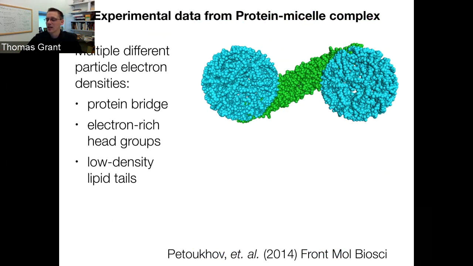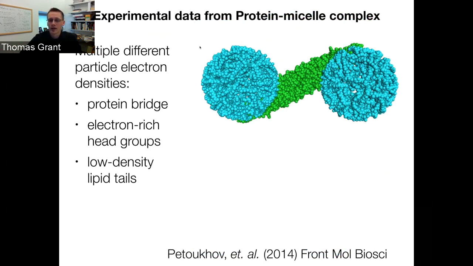And additionally, this is a nice case of showing the different electron densities that can be found, because the protein has one electron density on average at low resolution. The micelles themselves have two different electron densities. They have the high density electron-rich head groups, and then they have the low density core where the lipid tails are inside the micelle.